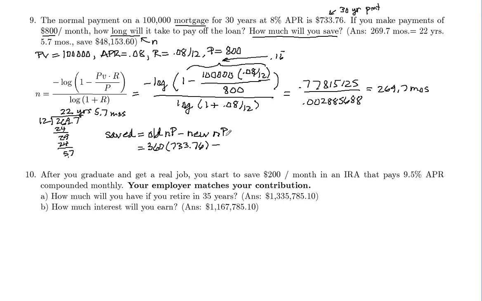Minus, what did you do instead? Well, you did 269.7 payments of this higher amount, $800. Okay, so multiply these two guys together. So this is 264,153.6, and then multiply these, you get 215,760.